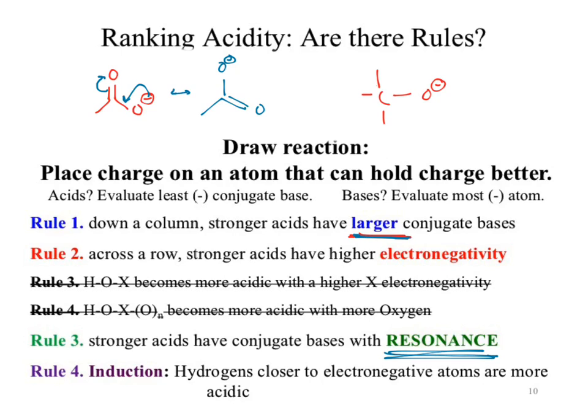Why is that the same thing as rule number 1? Well, rule number 1 is just talking about the size of the atom holding the charge. The bigger the atom, the more stable it becomes. Well, why is resonance a bigger atom? The atom isn't bigger, but the charge is being shared across more atoms, meaning the charge can be occupying a larger space.